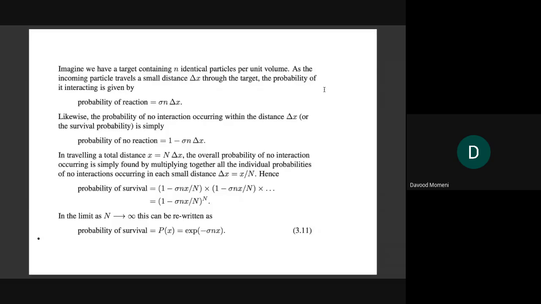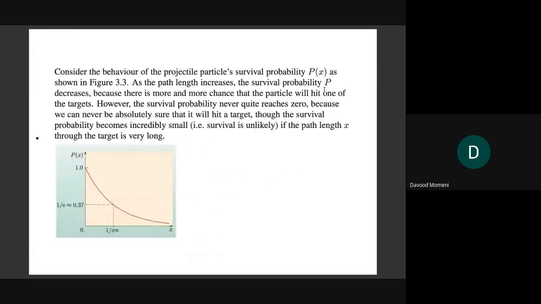It is an exponential function. The probability of survival is plotted here, as you see. If x is increasing, the probability will decrease, but it can never be 0 because we can never be absolutely sure that a particle will hit a target.